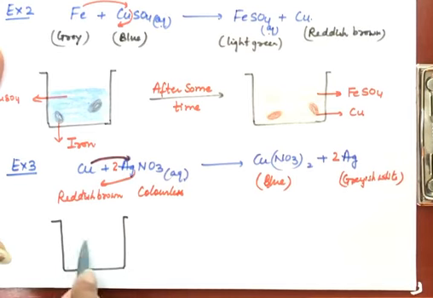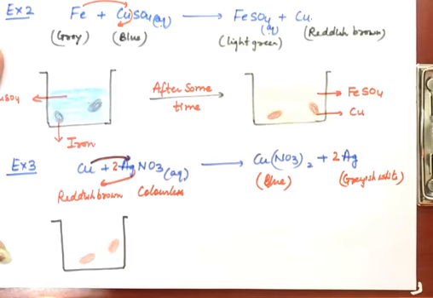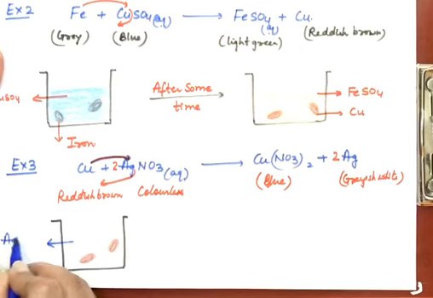And in this, the metal that we add is a reddish brown color copper metal. So a reddish brown color metal I'm taking here, just to make it a little brownish. So labeling of this part, this is silver nitrate solution, colorless, and this is copper metal.